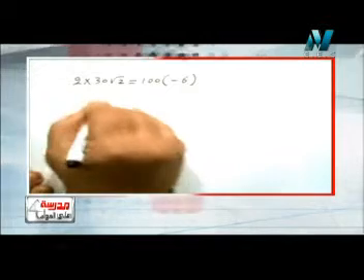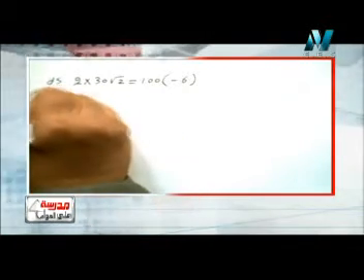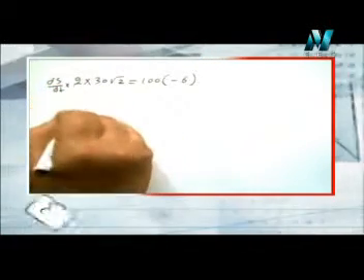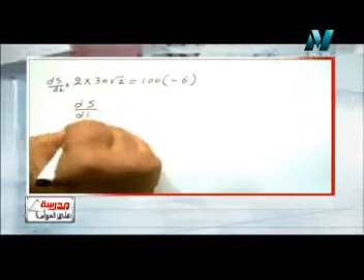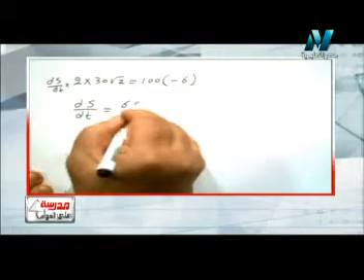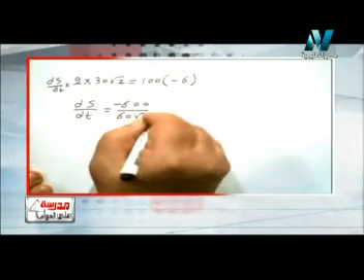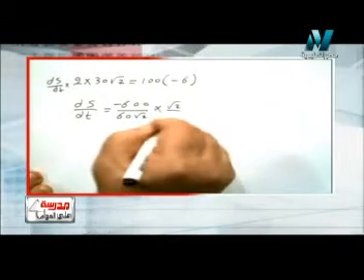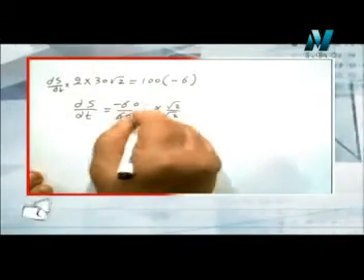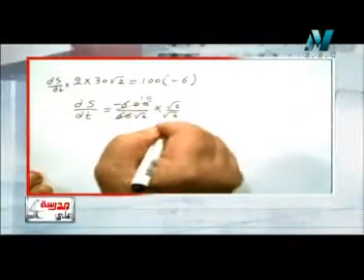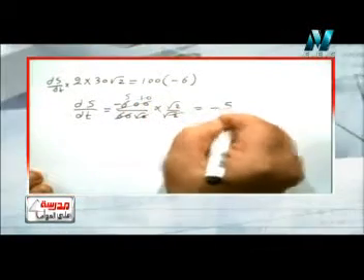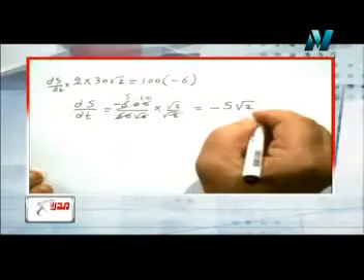Therefore 60 root 2 ds by dt equals negative 600, so ds by dt equals negative 600 over 60 root 2. Multiplying up and down by root 2, it is 10 divided by 2 equals 5. Then it is equal to negative 5 root 2 meters per second.